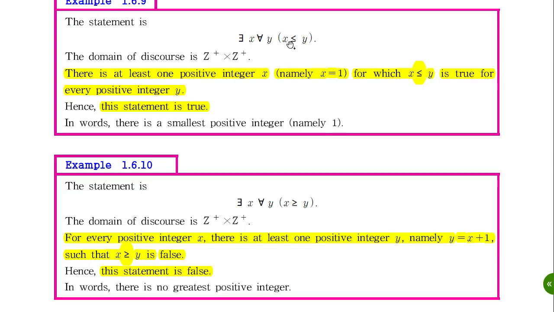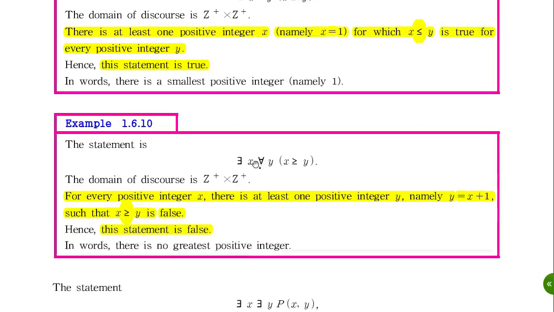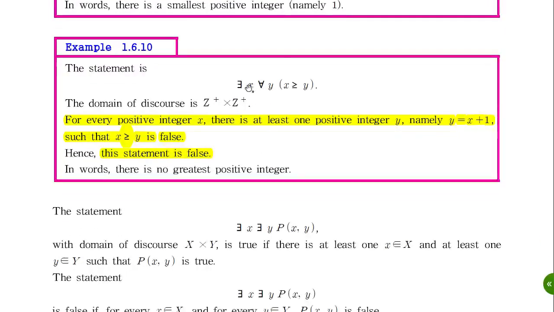Whatever positive integer you choose, that integer cannot be less than 1 because the domain of discourse is Z plus. There exists x equal to 1, and for all others, still x equal to 1 works for every y in Z plus. So that's true.